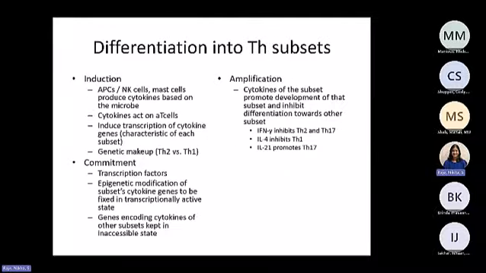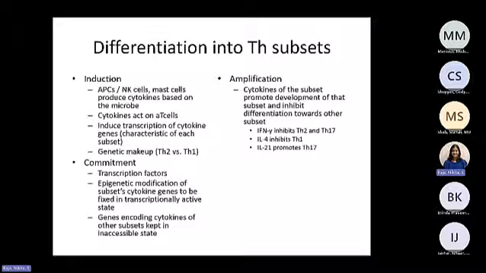So how do these CD4 T cells, when they become effector cells, know which type of Th subset to become? That process of differentiation of activated CD4 cells into these Th subsets has a specific type of process.